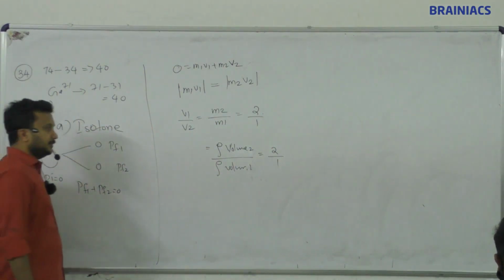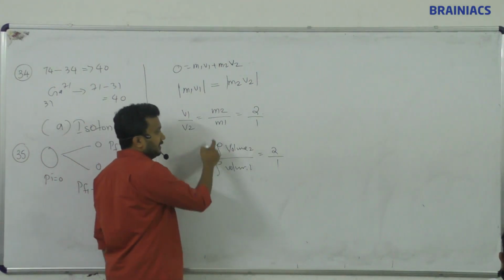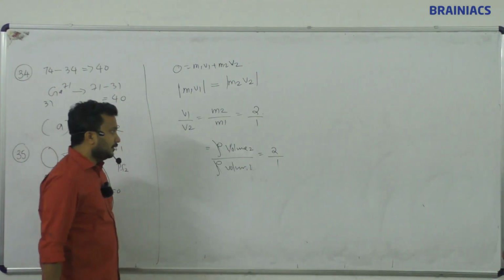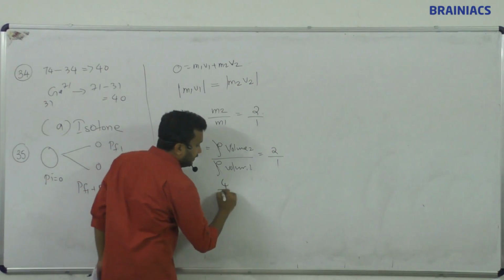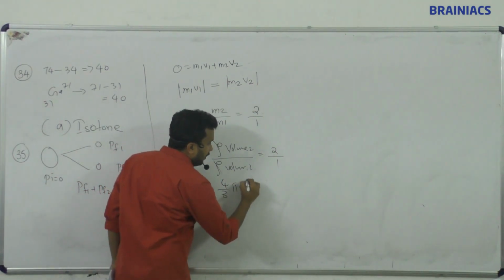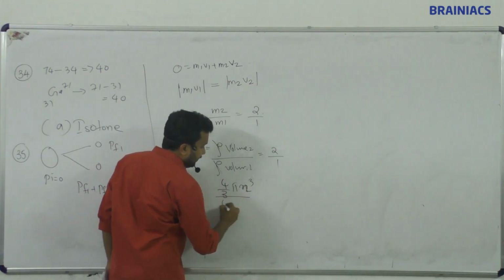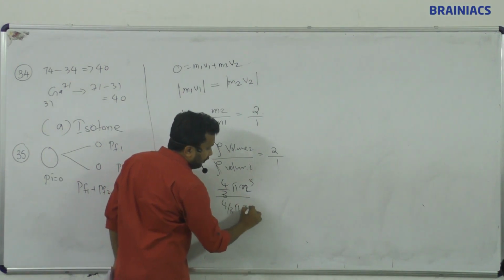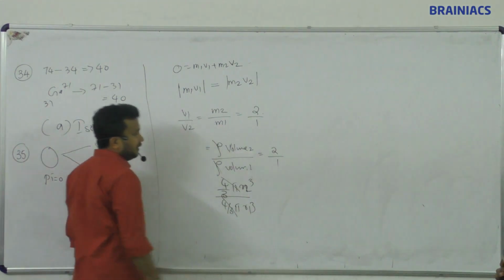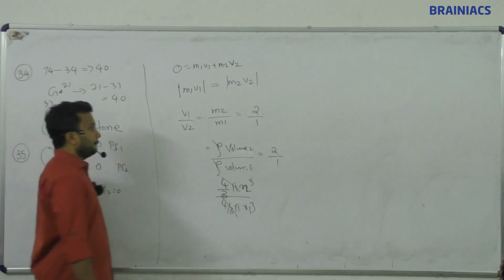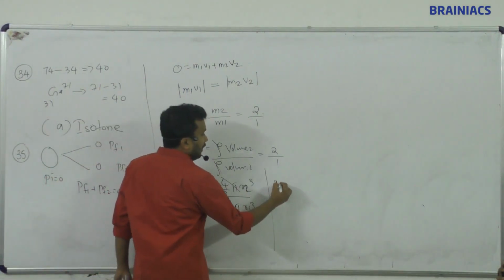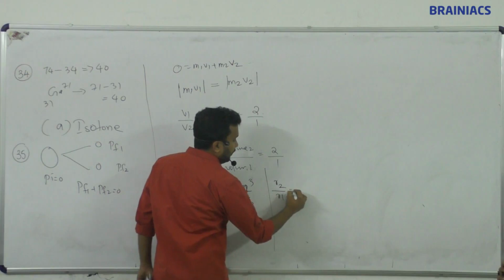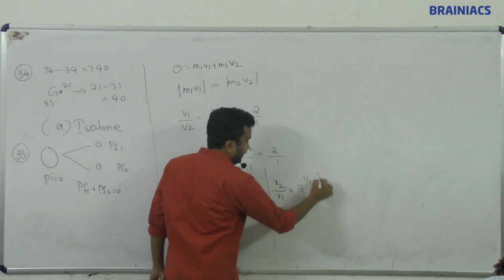Density will be cancelled. Volume is 4 by 3 pi R2 cube divided by 4 by 3 pi R1 cube. 4 by 3 pi cancels. So I got R2 divided by R1 equal to 2 raised to 1 by 3.